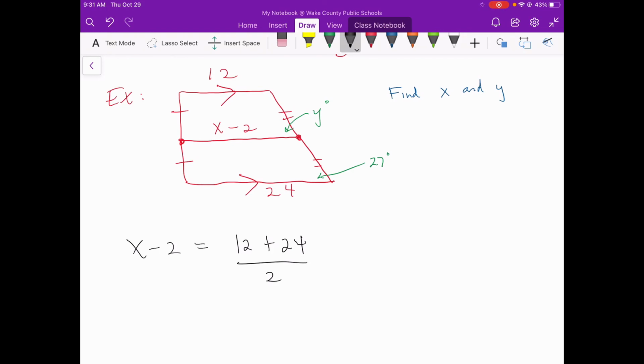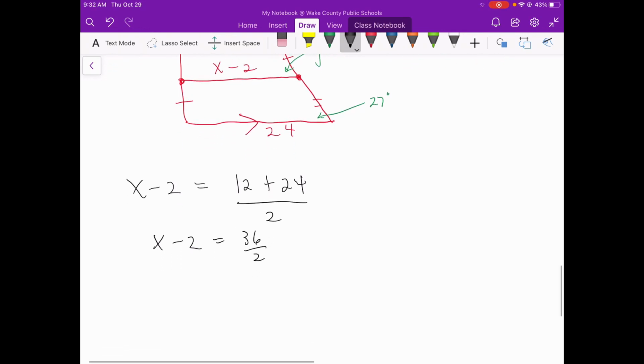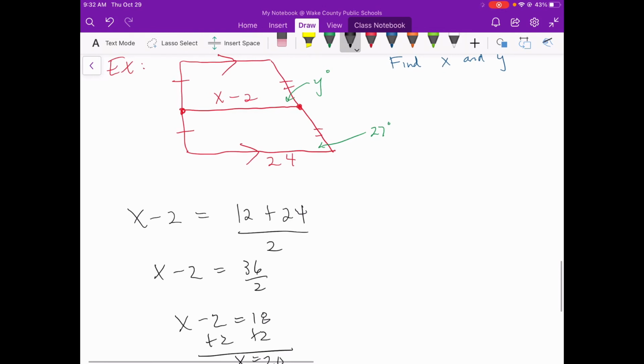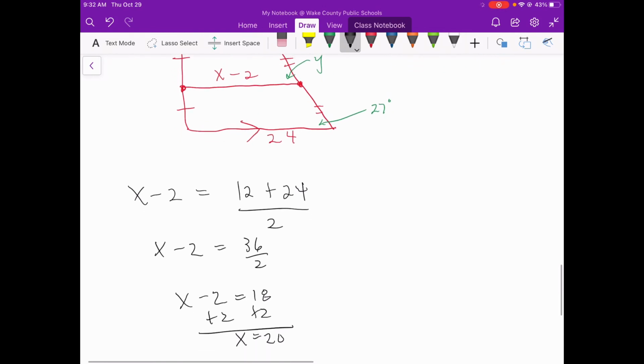So then I'm just going to simplify and solve this equation. So X minus 2 is 36 divided by 2. Well, 36 divided by 2 is 18. Now I'm just going to add 2 to both sides. X is equal to 20. So the length of that mid segment was 18, but X itself was 20.